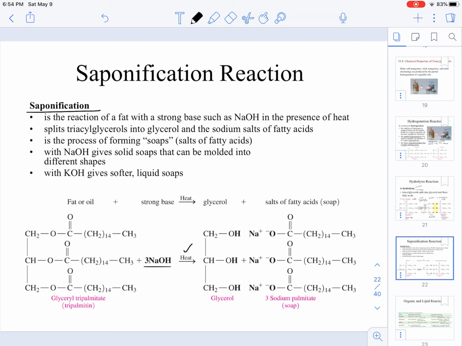Remember, when we had this before, our ester, and I'm just going to highlight the ester motif, is going to be hydrolyzed to an alcohol and a carboxylate salt.